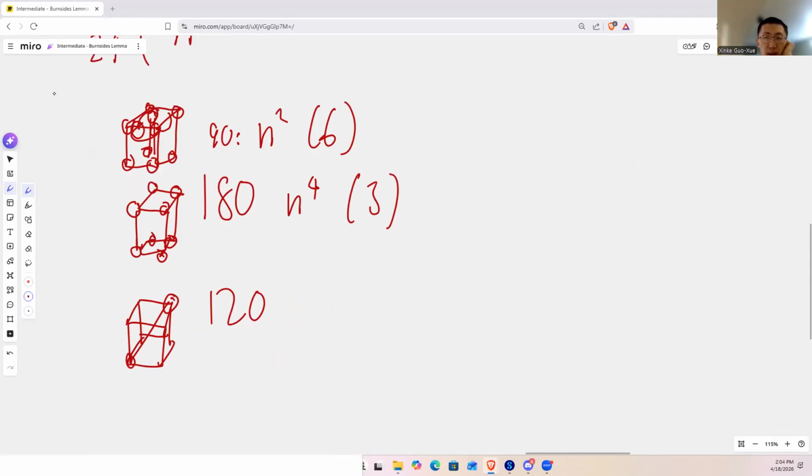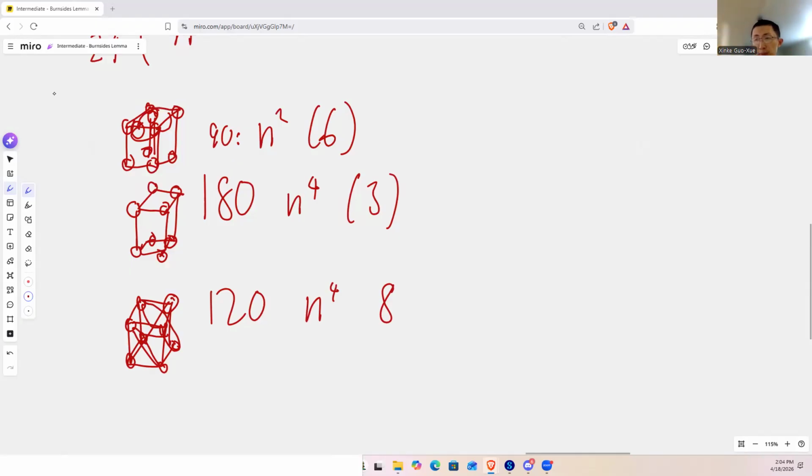Then these three vertices have to be the same color, and these three have to be the same color, because this gets sent here, this gets sent here, and this gets sent here. Similarly for these three. So this is n to the fourth. There's 8 of these because we can rotate either way about the space diagonal, and there's 4 space diagonals.